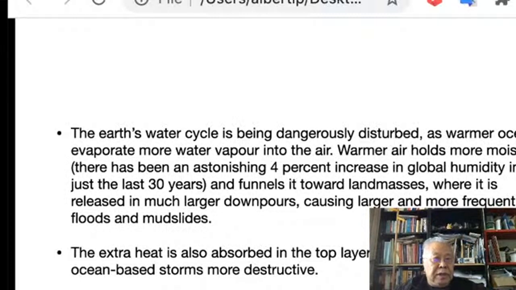So we will be seeing much more powerful storms and floods. At the same time, some parts of the world will become drier because we are changing the weather pattern. Some areas will get too much moisture, and some areas will have too little.